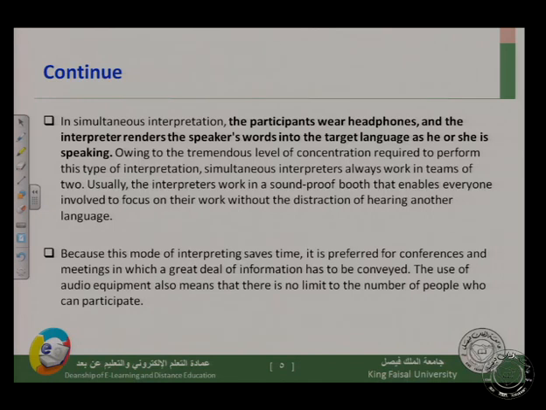Why? Because when the interpreter looks at the speech, he would have an idea about terms, words, ideas, the genre, the type of the text.